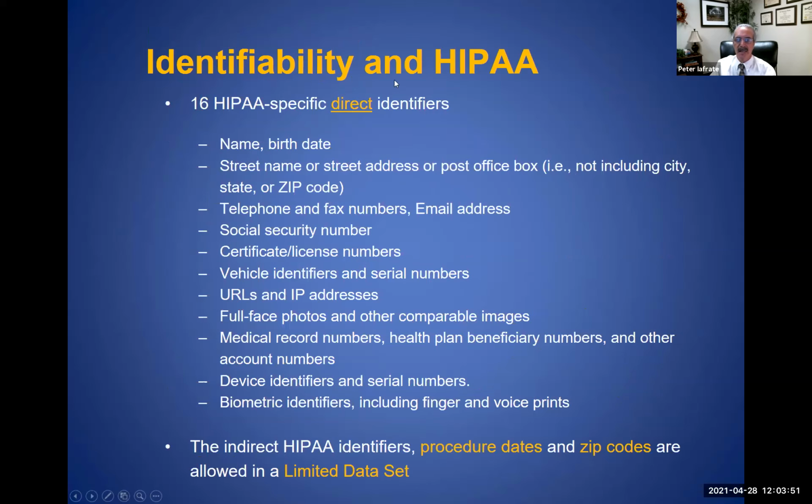De-identified means the 18 HIPAA identifiers, which are all here, and include down at the bottom procedure dates and zip codes, because that would be a limited data set, not a de-identified data set. So if all those 18 HIPAA identifiers are not there, either because they were never there, as in anonymous, or because somebody has de-identified it, then it might be considered non-human research.